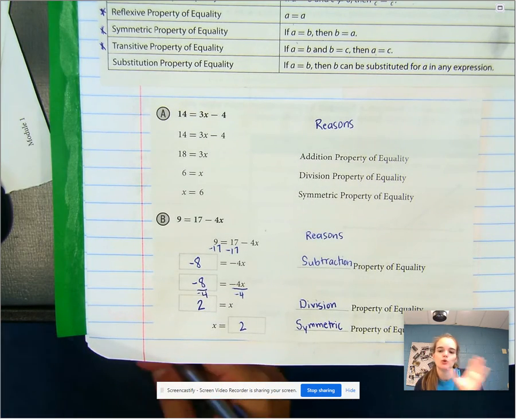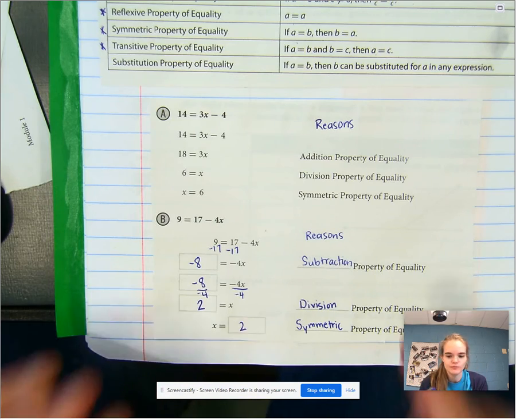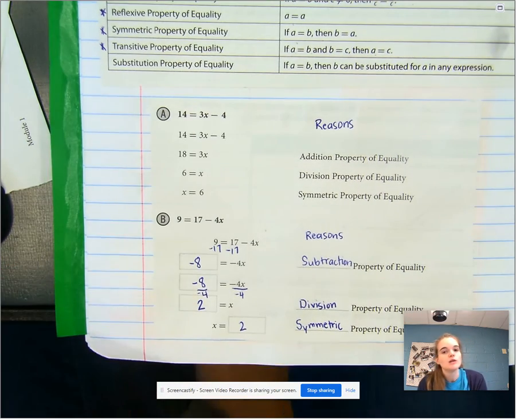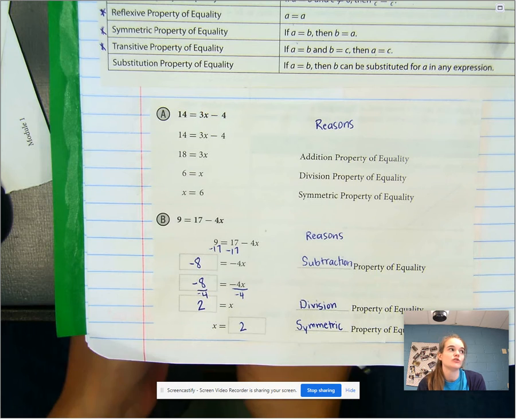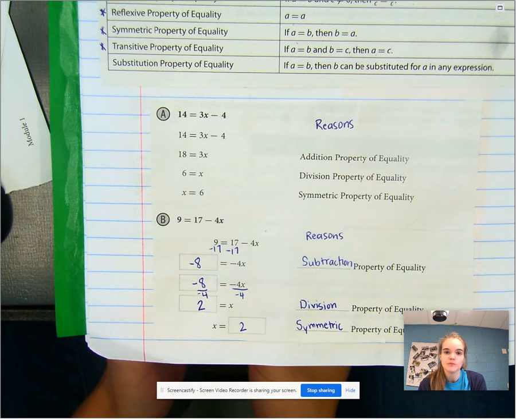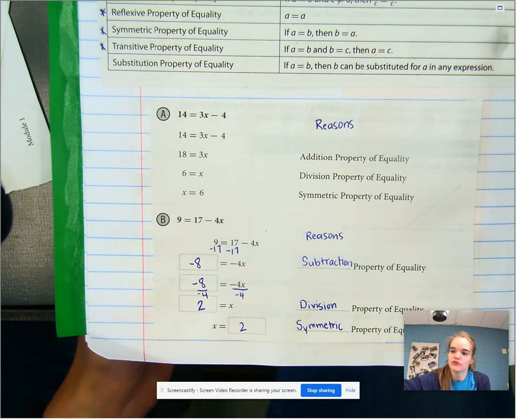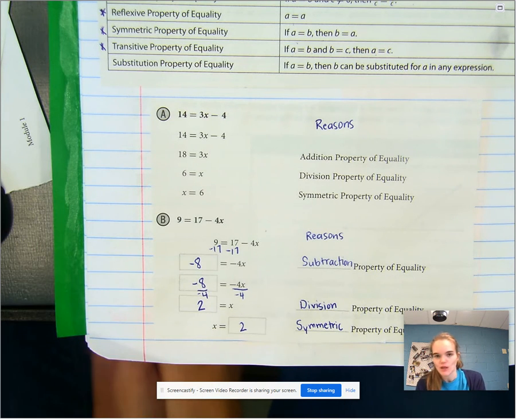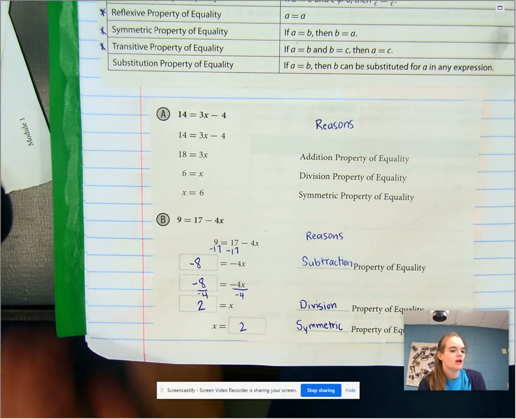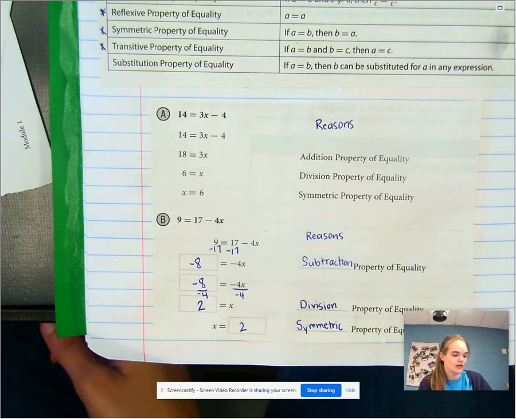So all a proof is, and this is technically a proof, these are proofs. All a proof is writing down your explanation for why we do what we do, okay? That's a lot of what geometry is going to be, is explaining what we did, which I know for those of you that loved algebra, is not what you like to do, but geometry is just a bunch of explaining, okay?